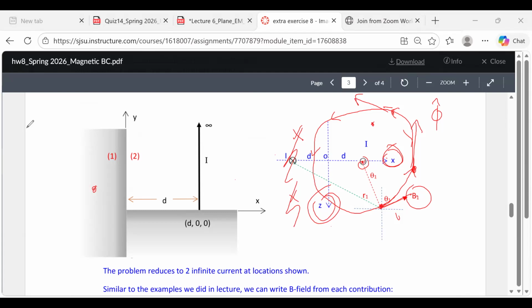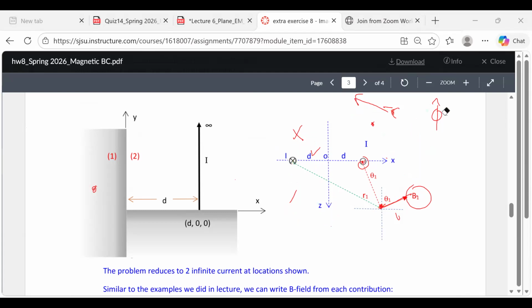Okay. So once you have that, to write the magnetic field becomes a relatively easy task. The magnitude is mu naught I over 2 pi r. This is from an infinite wire. And then the direction, looking at the graph, you have to draw it.